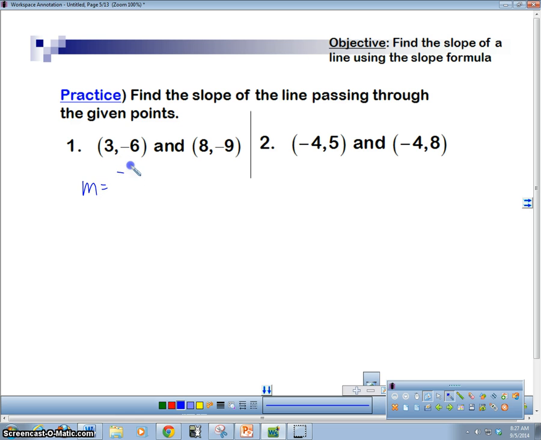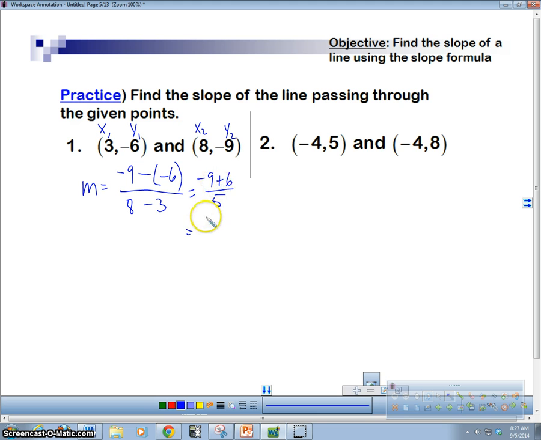Alright, slope is negative 9 minus a negative 6. Remember, we're going y2 minus y1, x2 minus x1. 8 minus 3. That's 5. We're going to get negative 3 over 5. That's our slope. Okay.